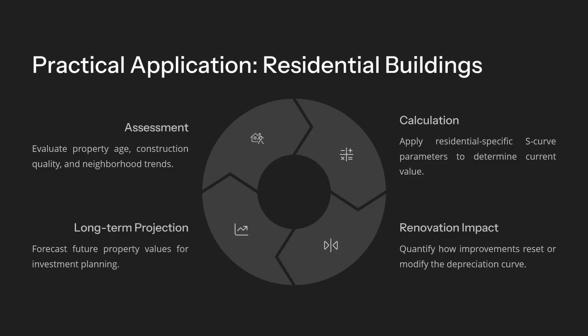By using these parameters, you can calculate the residential specific S-curve parameters to determine the future value of the property. What this S-curve will give you is long-term projections. With the help of S-curve, you can forecast future property values for investment planning.